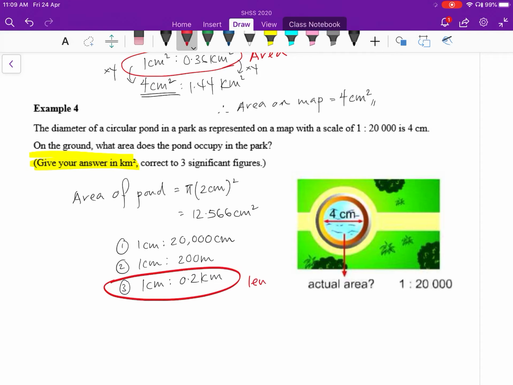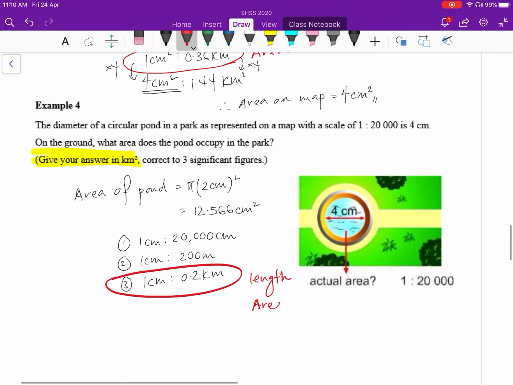Don't forget that is the length scale. Now, how do you find the area scale? Same. You square both sides. You get 1 cm square. 1 times 1 is 1, and then 0.2 square is 0.04. So 0.04 km square. That is the area scale.